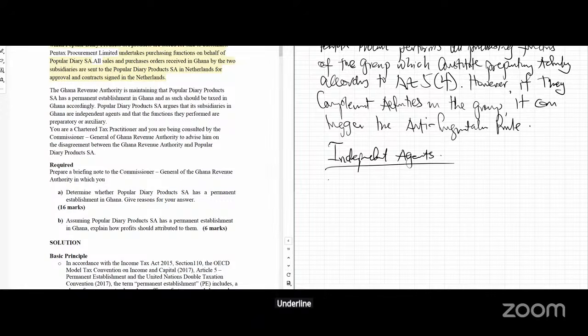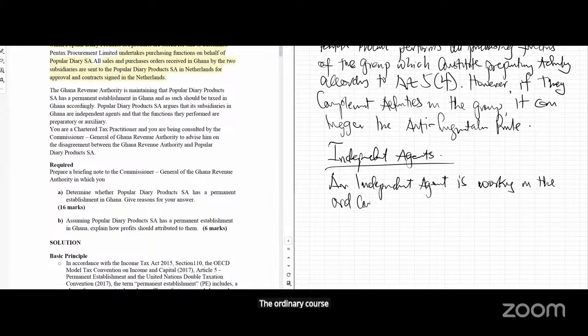And say, an independent agent is working in the ordinary course of his business, and does not create a PE status, right?